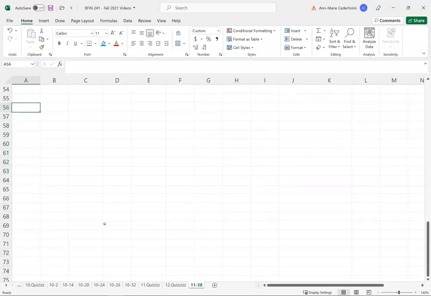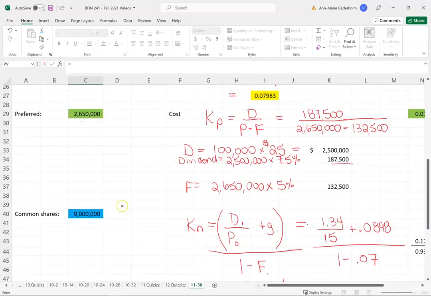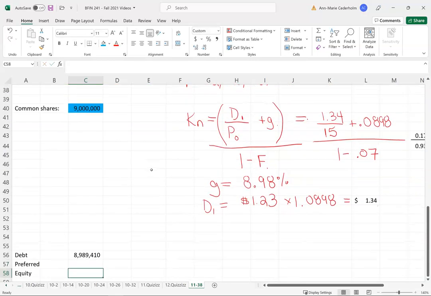Whew, that was hard. Okay, so I like to put this into a chart. So we have our debt, our preferred, and our common shares, or our equity. So normally they'll give us the weights, but we had to calculate them in this case. So I'm going to grab my debt, which was the value of the bonds, and that's 8,989,410.